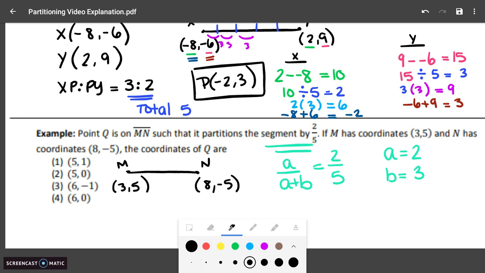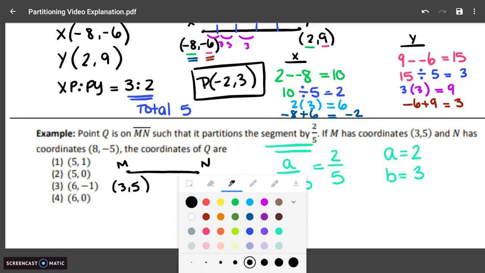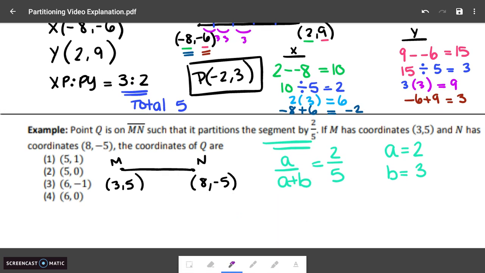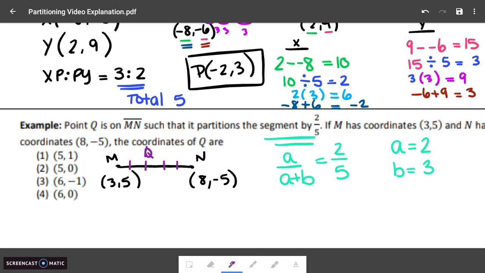Sorry about that. And we're actually splitting it up by a total of 5, not 7, because the bottom of that fraction is going to be a total of 5. And 2 is the top, so our point Q is 2 away from M, but 3 away from N.